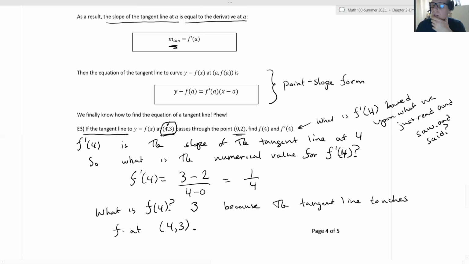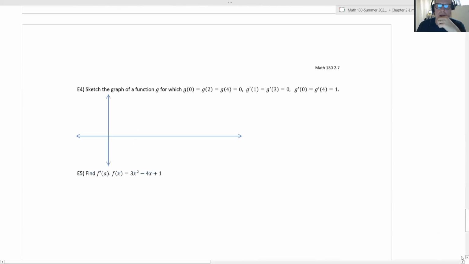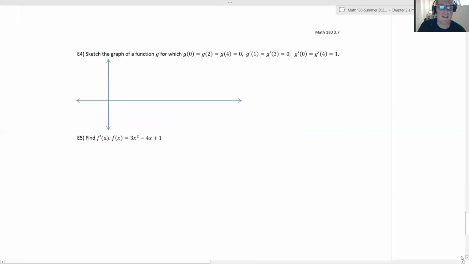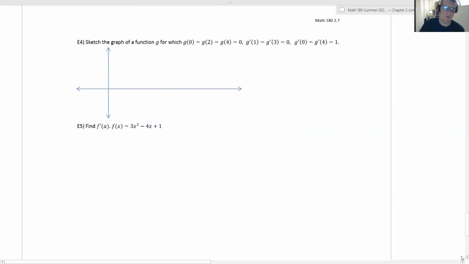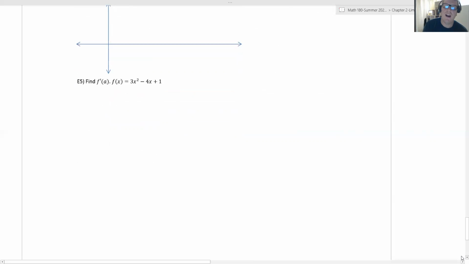Okay, so I'm going to move on from this one. Let me know if I can't. We got a little bit of something like this for your homework. Let's first do E5 and then we'll go back to E4. So we'll look at E5. Find f prime of a. So f of x equals 3x squared minus 4x plus 1.